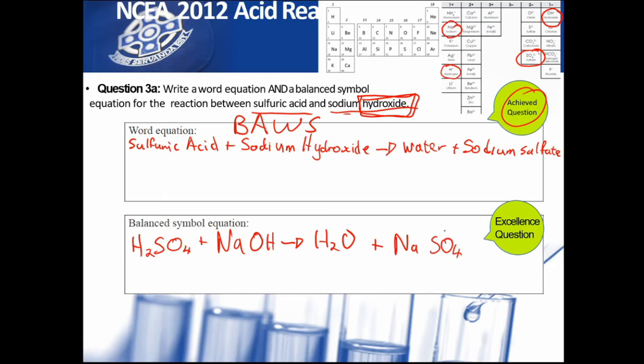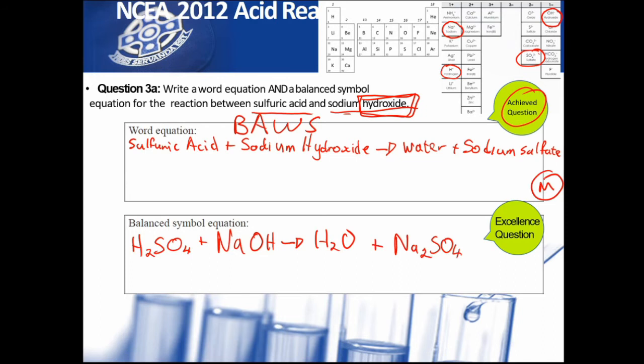Sulfate, SO4, is 2 minus, and sodium, as you can see there, is 1 plus. How many sodiums at 1 plus do we need to cancel out the 2 minus? We need 2 of them. By doing that, you've just achieved merit.